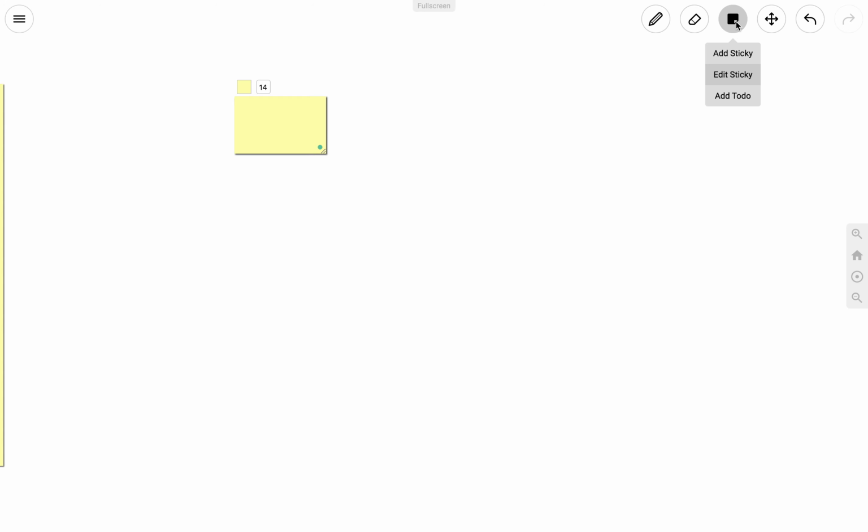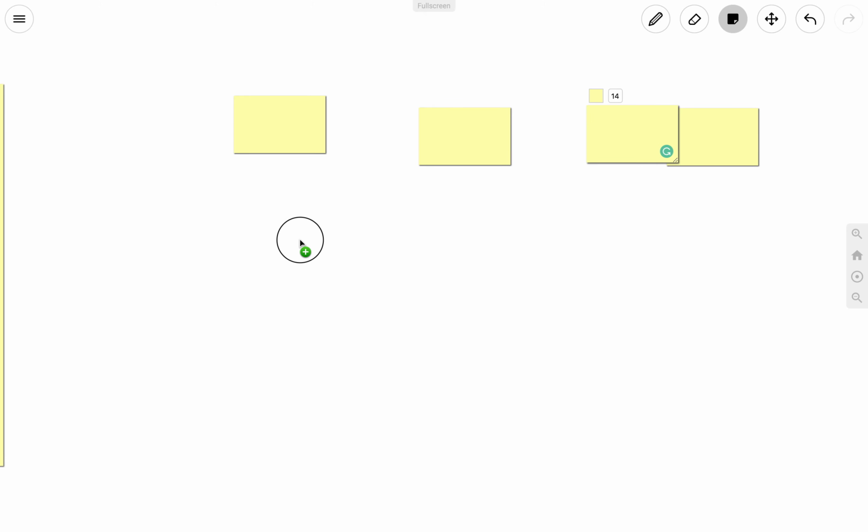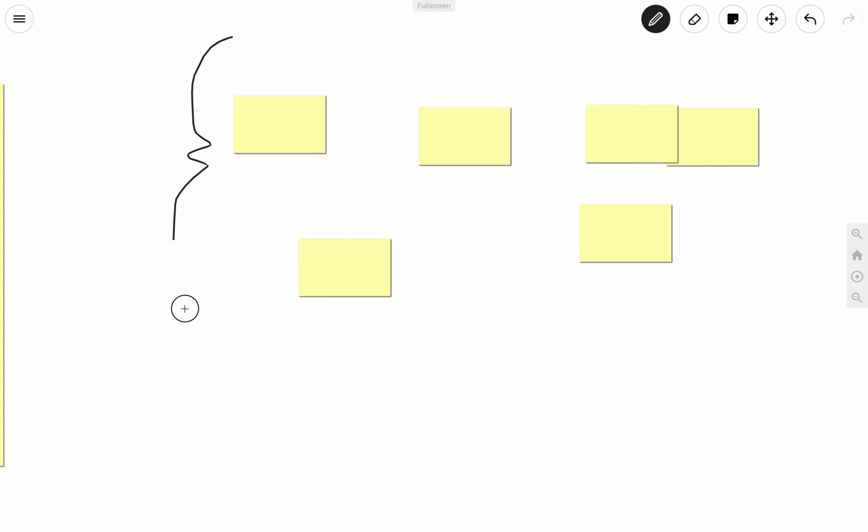Let's just do that. So, there's 6 white tablets, sticky pads in total right now, right?